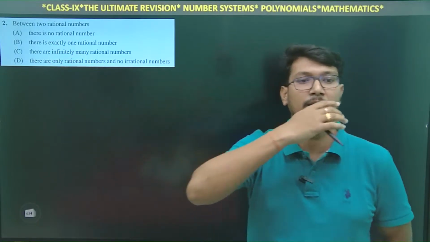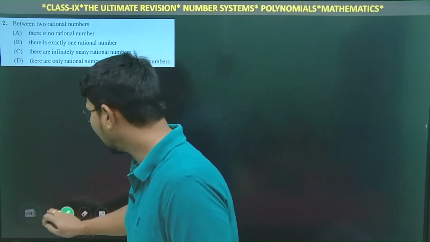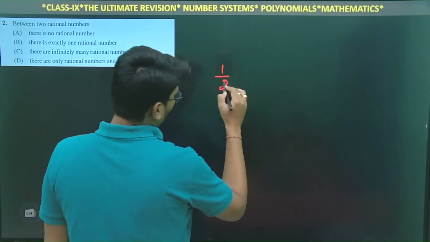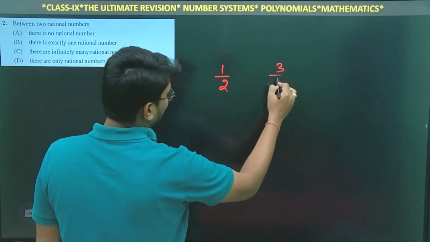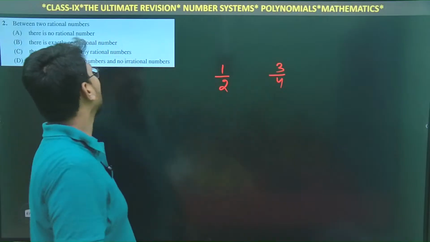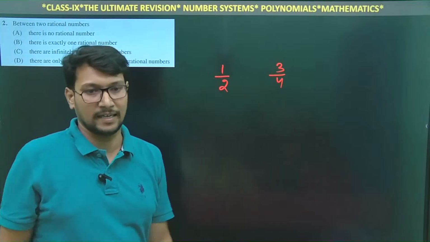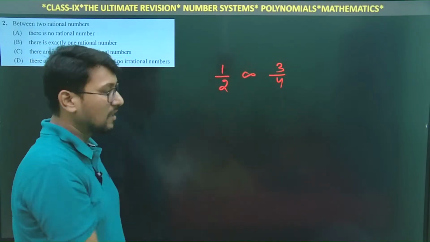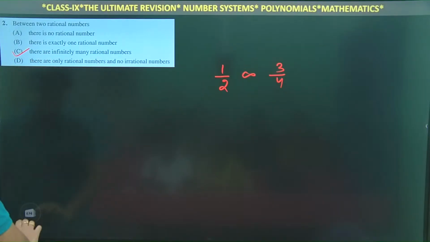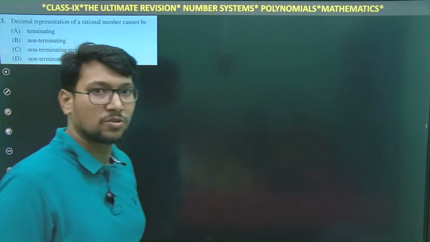Option C. How many of you agree? If I write 1 by 2 and 3 by 4, they are rational numbers. Between them, how many rational numbers are there? Infinite. So the correct answer is C. Clear, everyone? Quickly give the answer. I hope you know this, right?